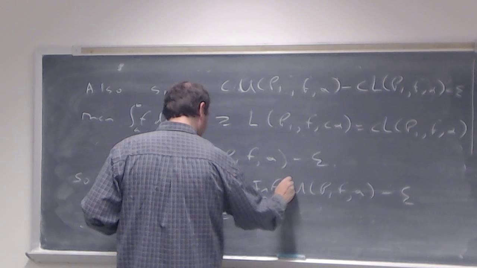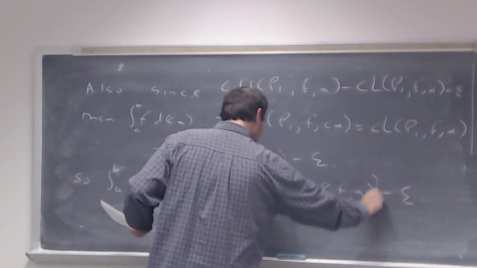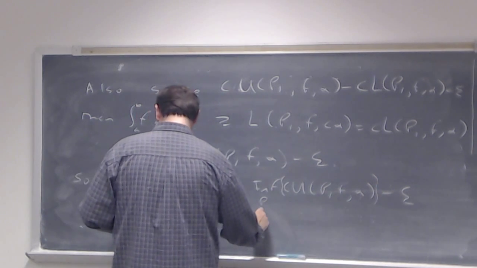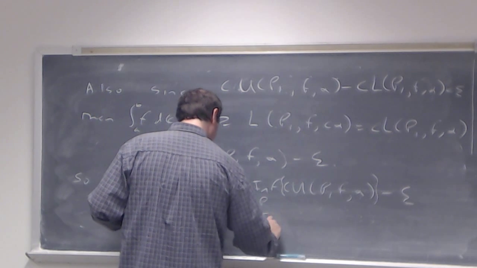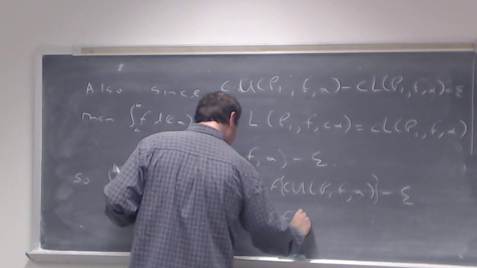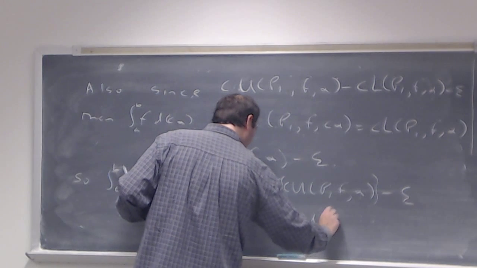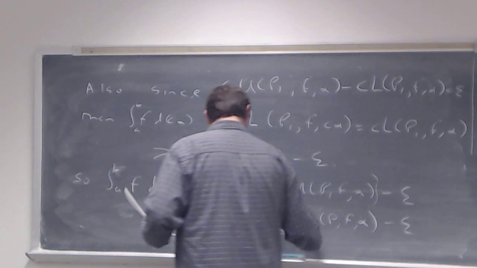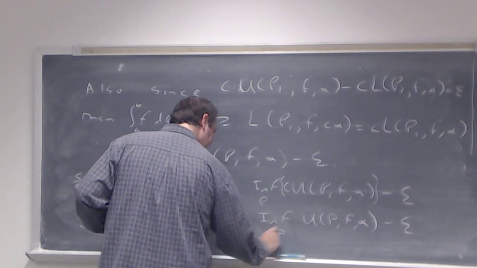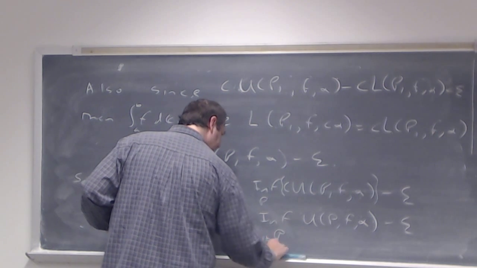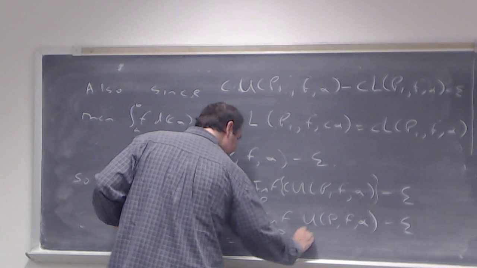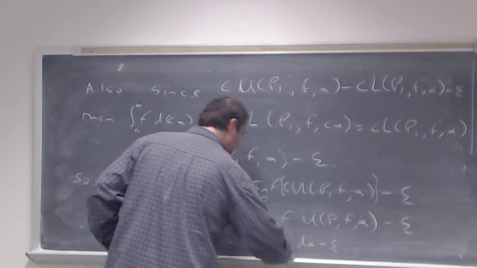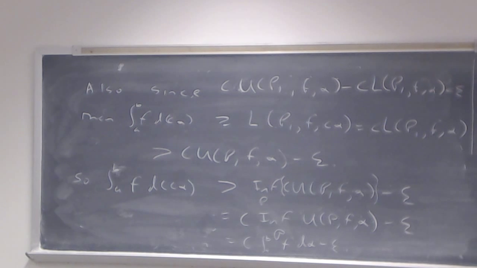This should have had a C with it, I made a mistake. And this is going to be C times the infimum over all these partitions of the upper sum of P, F, alpha, minus epsilon, and that's equal to C times the integral from A to B of F d alpha, minus epsilon. We are almost through.